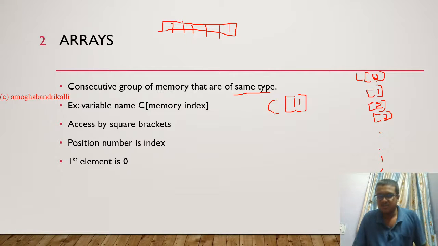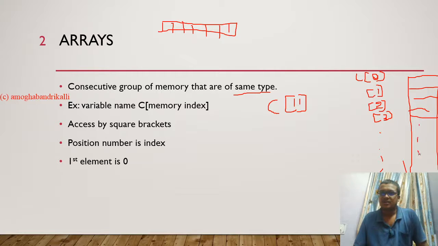So this is a consecutive memory. You know memory is a stack where you have each subdivision, like this, until it reaches C of 10.